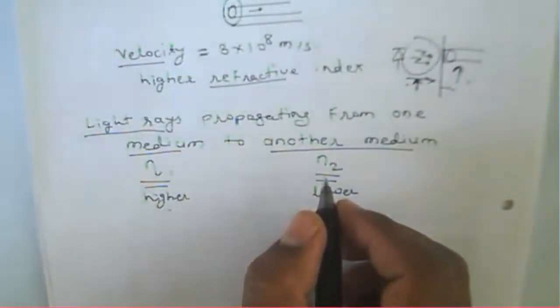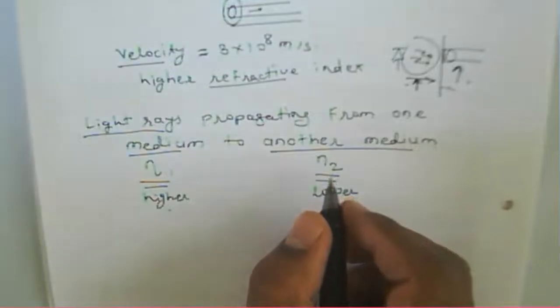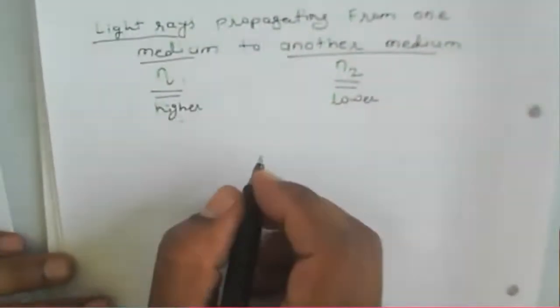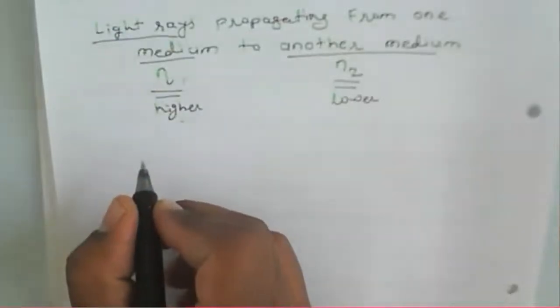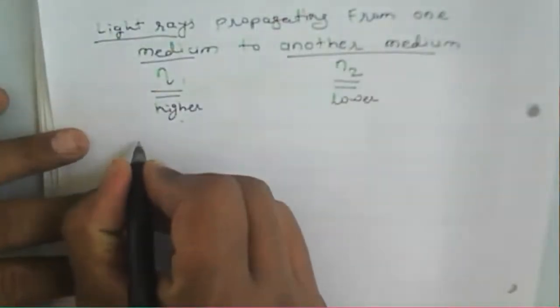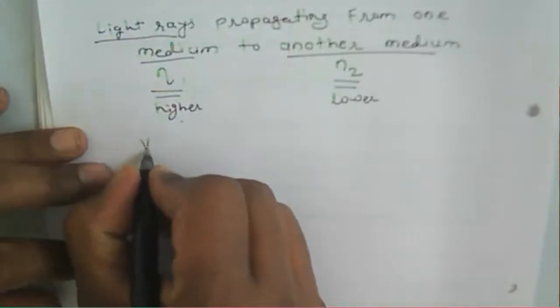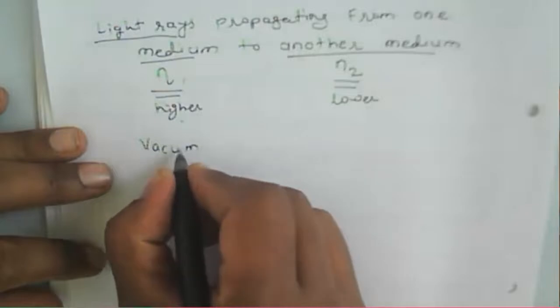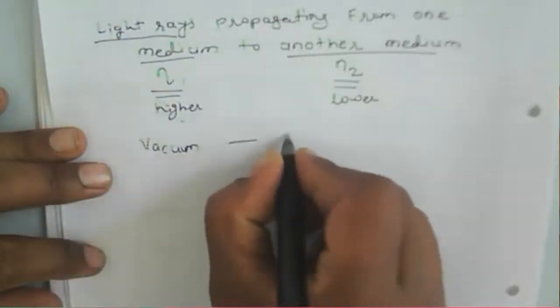So I'll show you one table, in which the differences in refractive index are given, and according to that we consider the material. What will be the refractive index for a particular material? Suppose we have air, though generally people use the word vacuum.